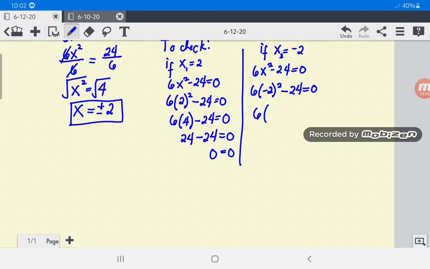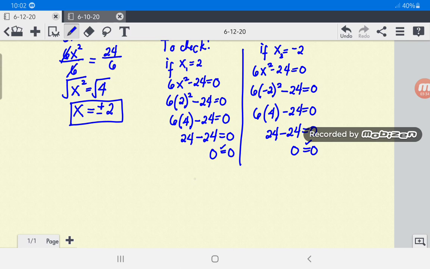Negative 2 squared, or negative 2 times negative 2, that is positive 4. Then minus 24 equals 0. Then 6 times 4, that is 24, minus 24 equals 0. 24 minus 24, we have 0 equals 0. Check. This is also check. Now, both values of x satisfy the given equation.